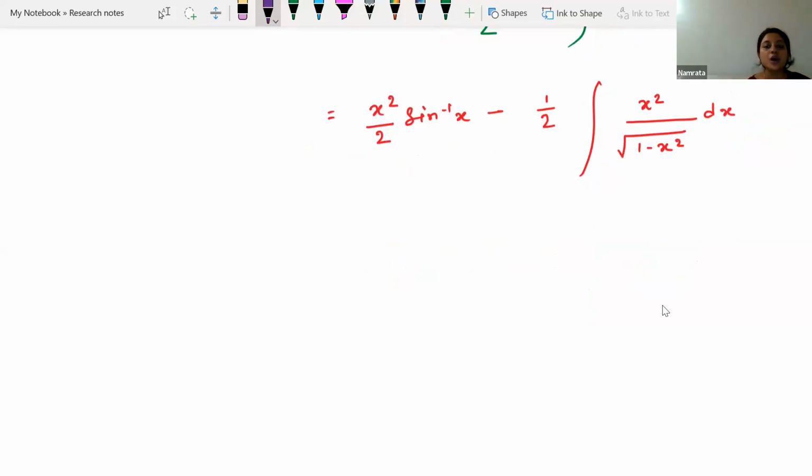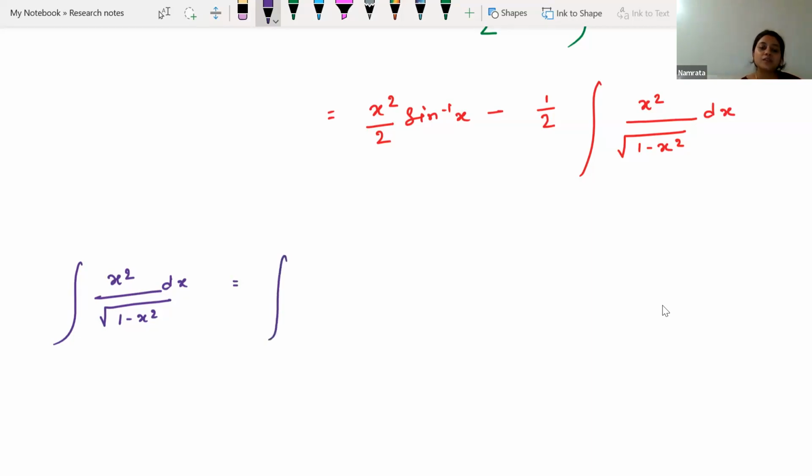If you are not sure here, you can take it separately and do the integration. If that is working, well and good. If that is not working, we have to think about the other approach. Let's see whether that is working or not.